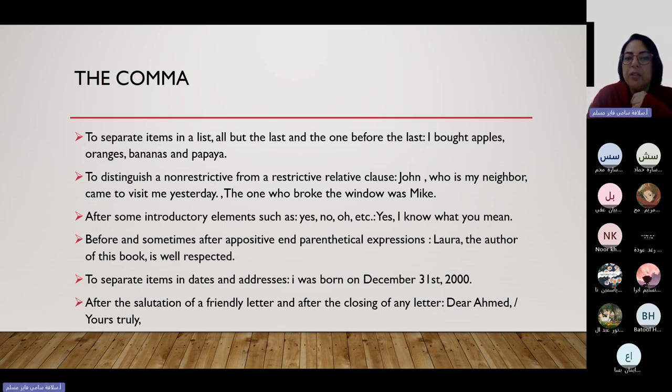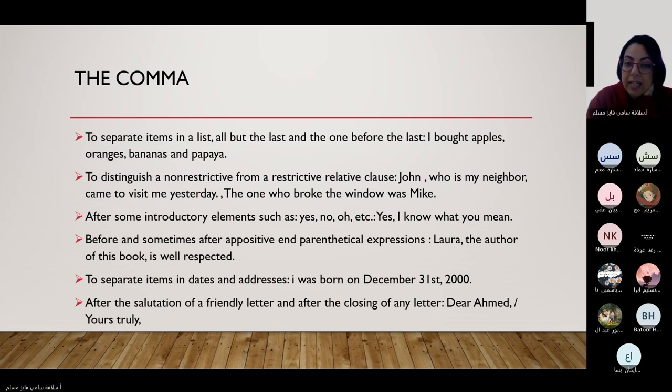After some introductory element, I want to introduce something. Remember, the first one was a list, that's why I put the comma. Now I want to introduce a few things, so I put the comma. After some introductory elements such as yes, comma, no, comma, oh, comma, etc. Okay? Like yes, comma, I know what you mean.